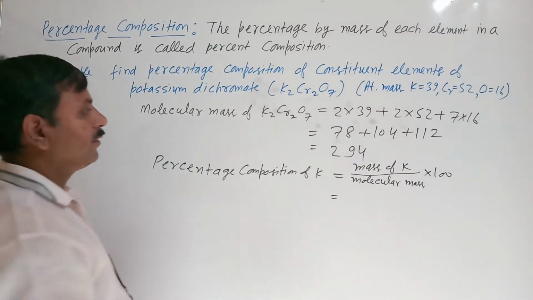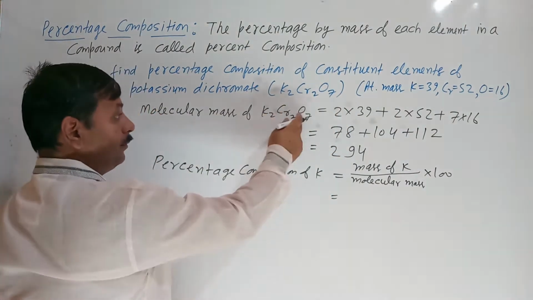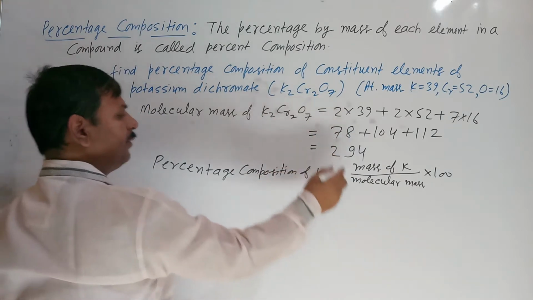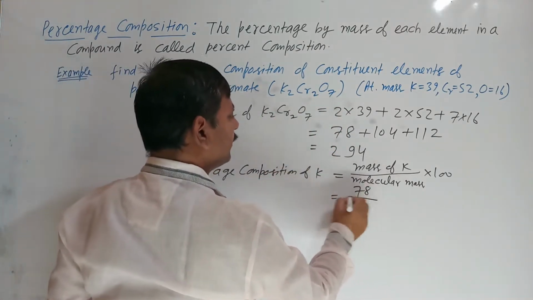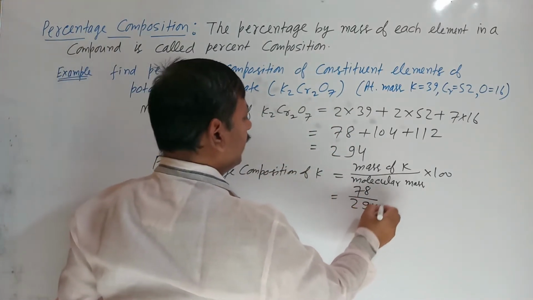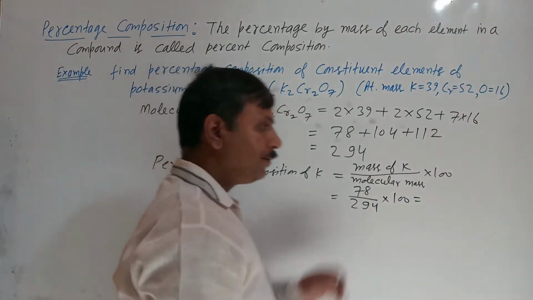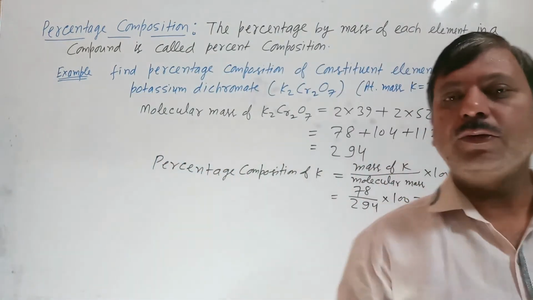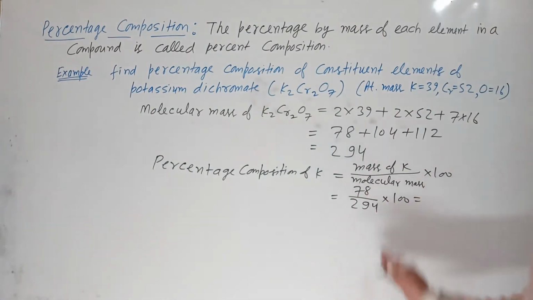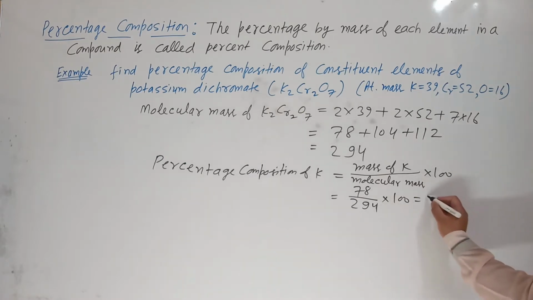What will be the mass? Mass of potassium is 78 divided by 294 into 100. Solve this, it comes about 26.53.